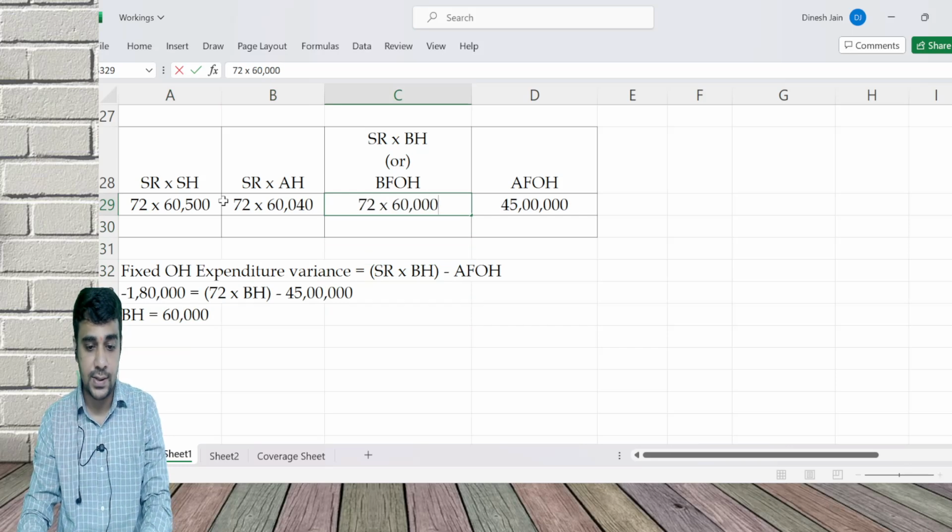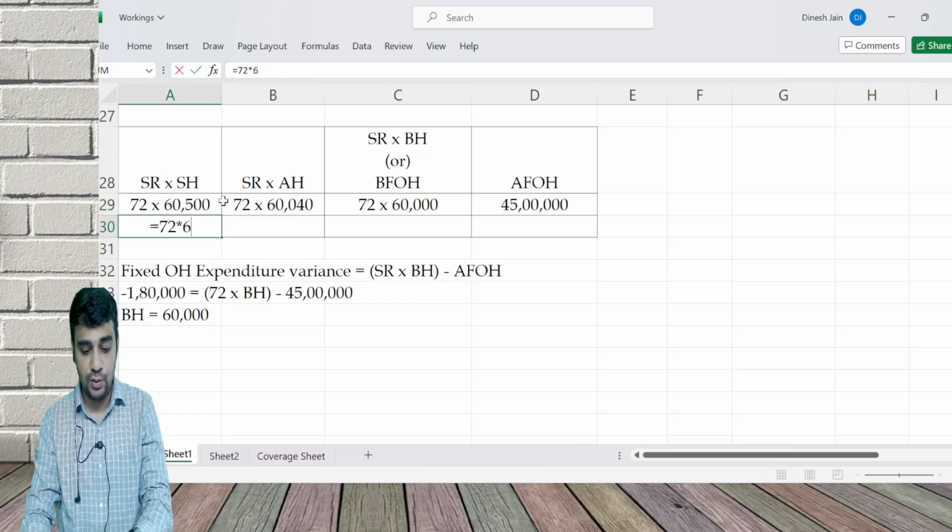Now we will see what is asked in the question. Till this we were trying to get the base data. Now we will see what is asked in the question.